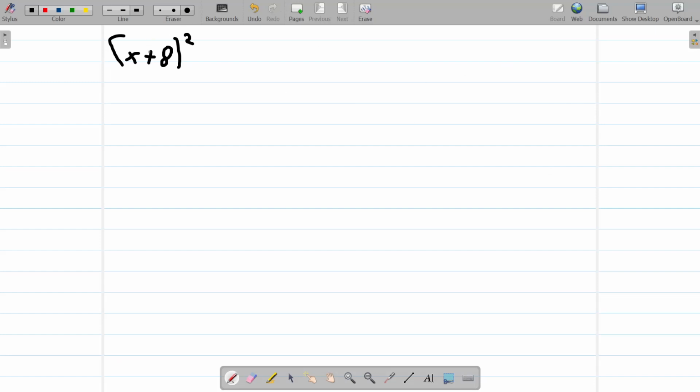What you just do is x squared and then plus 8 squared, which would be x squared plus 64. That's not right, you silly Billy. What we've actually got to do, if you think about it like this, 2 squared is the same as doing 2 times 2.